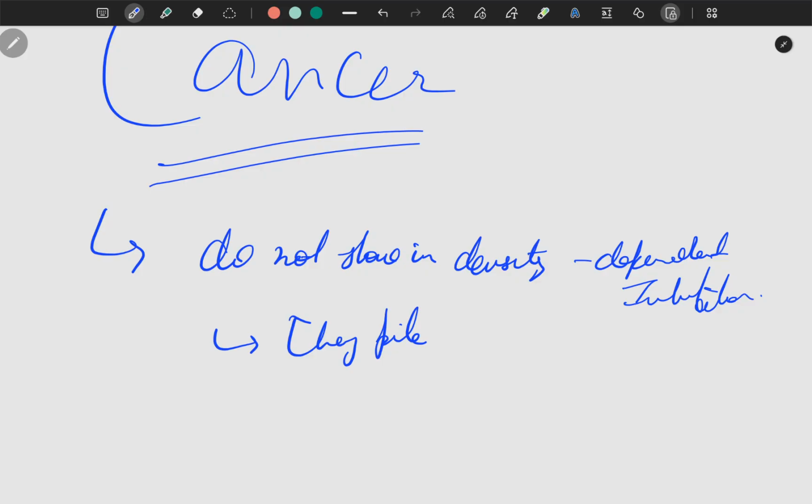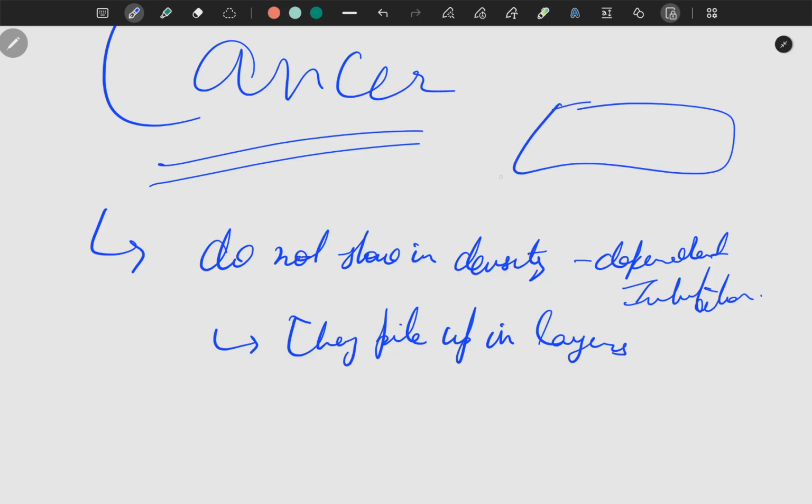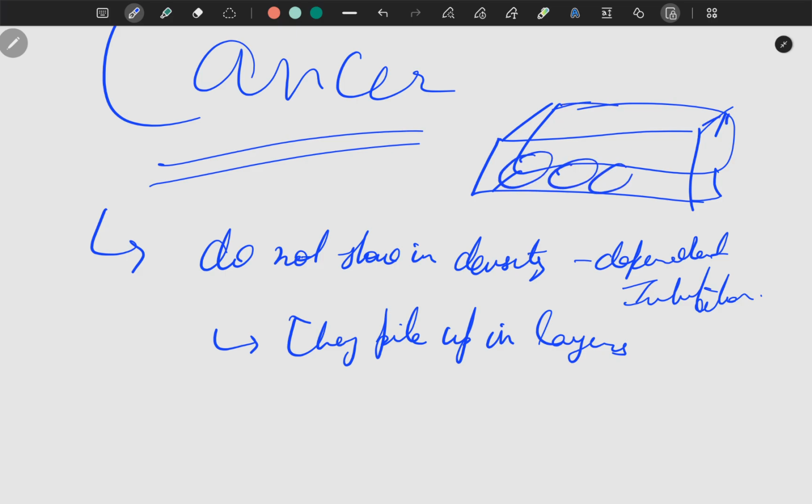They don't form just one layer, they pile up layers. For example, take a container, let's make it 3D. Normal cells pile up from the bottom. That's one layer complete, but these cells started to pile up and fill everything.